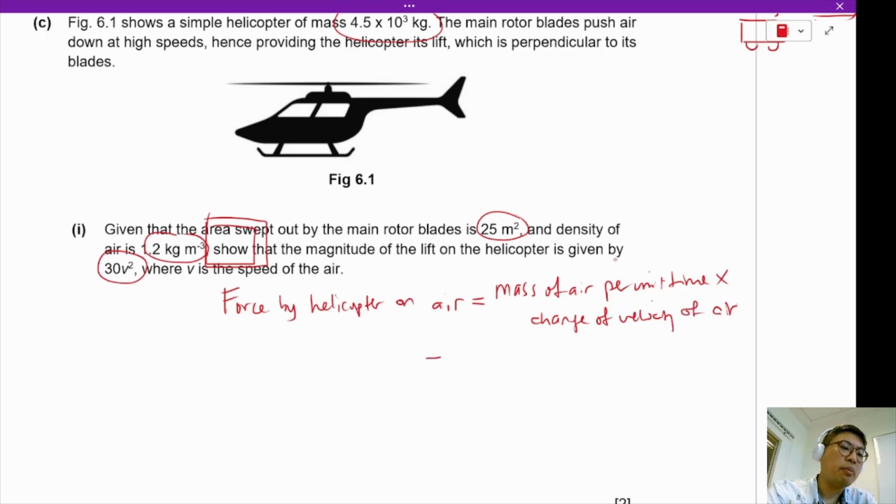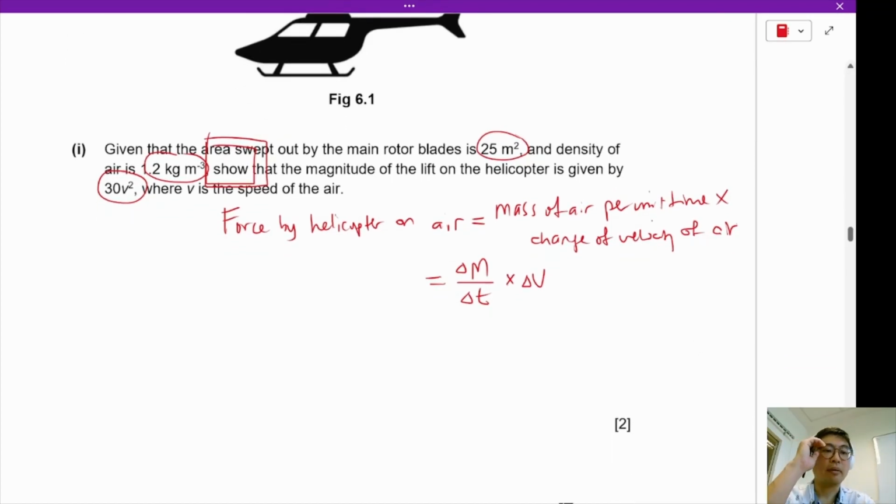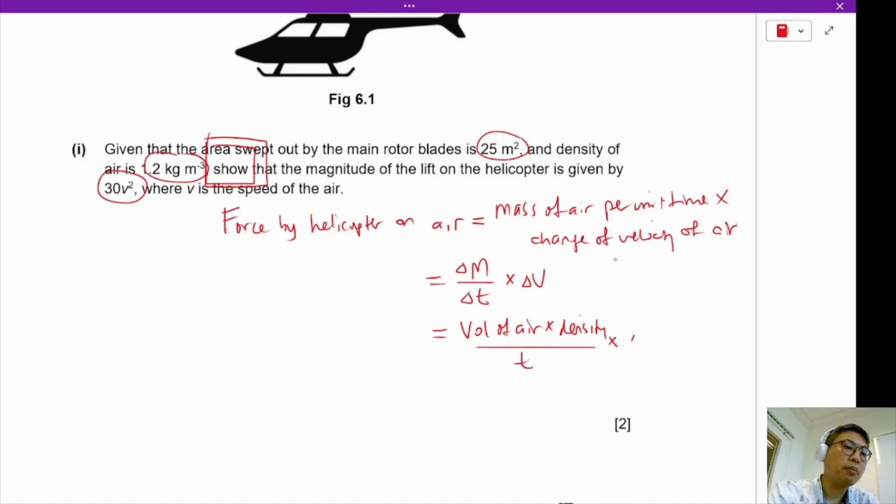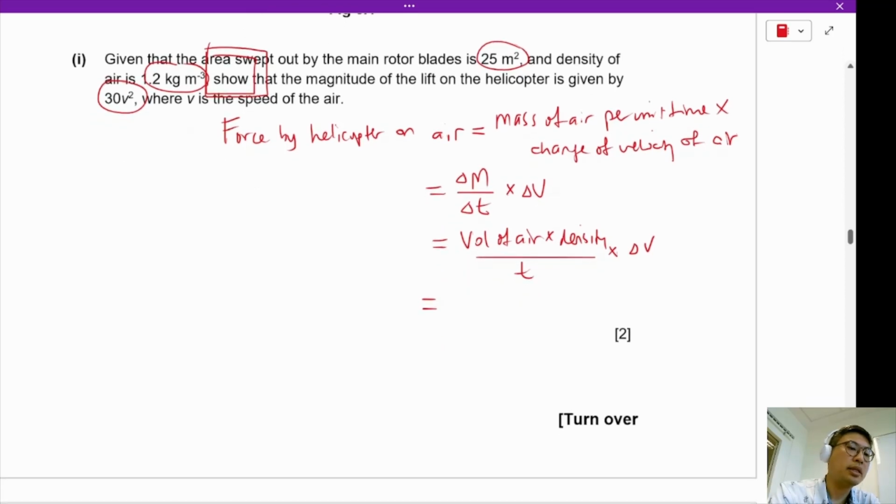This V is the one we want to find. Now, what is the mass of air per unit time? This will be the volume of air multiplied by the density per unit time, multiplied by delta V. So the volume of air multiplied by the density will be A L.